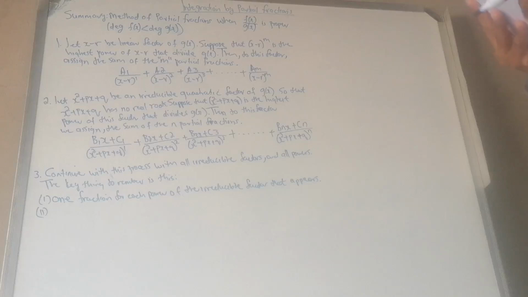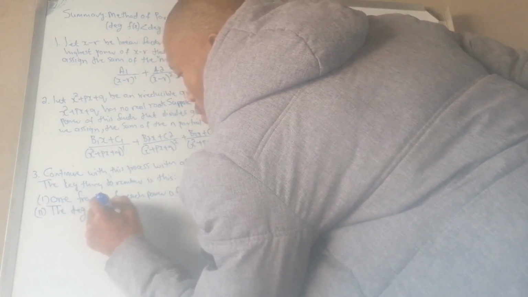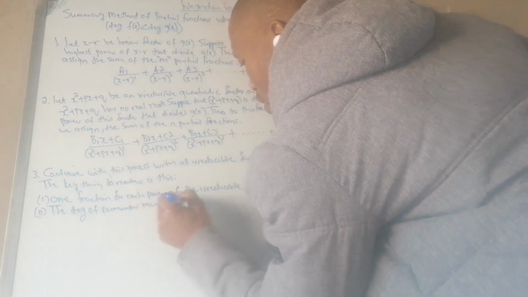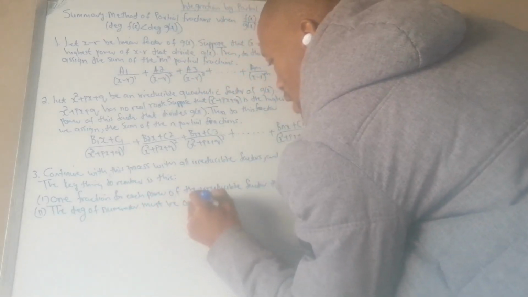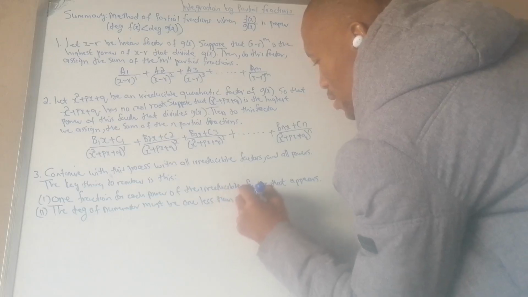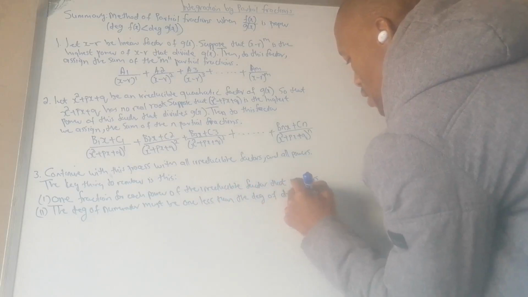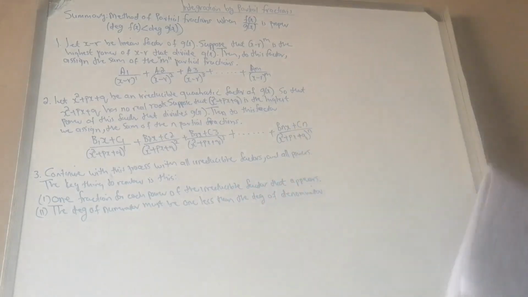And then secondly, the degree of the numerator should be 1 less than the degree of the denominator. Very, very important.